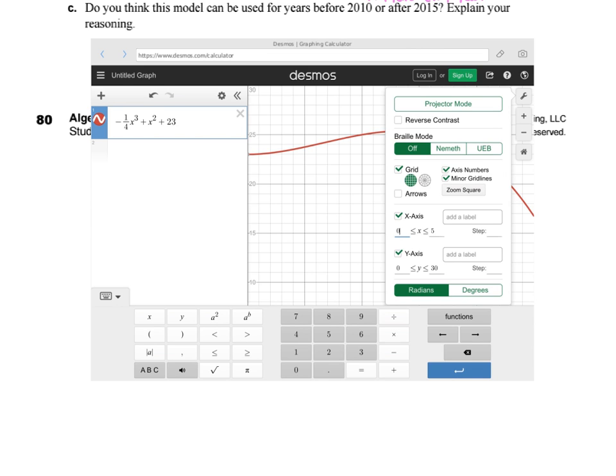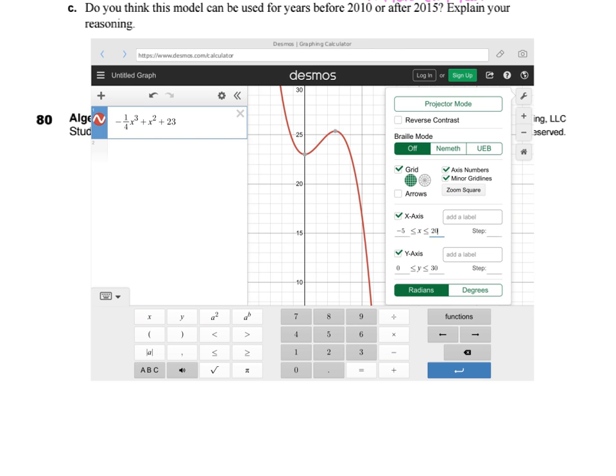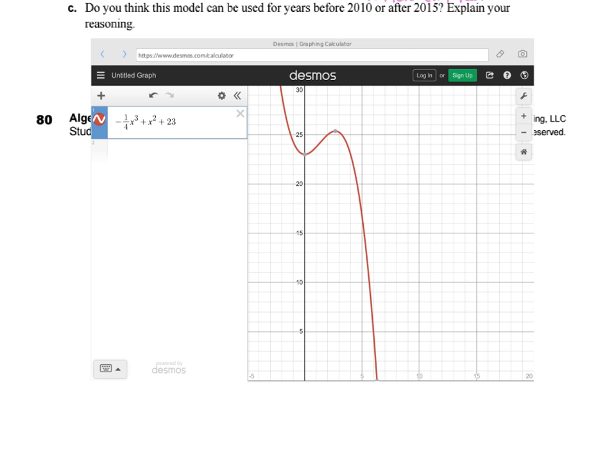So I'm going to say about negative 5. Let's say about 20. So as you can see, before the year 2010, which would be our negative values, it seems to have a pretty sharp decrease.